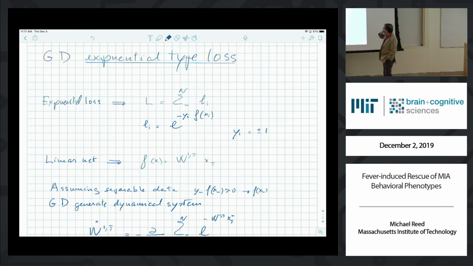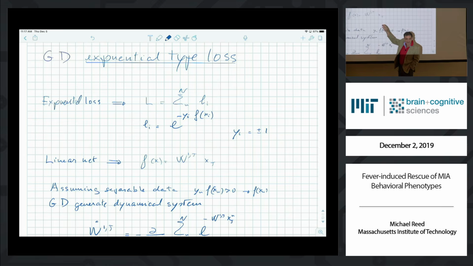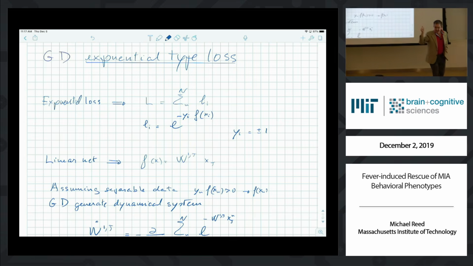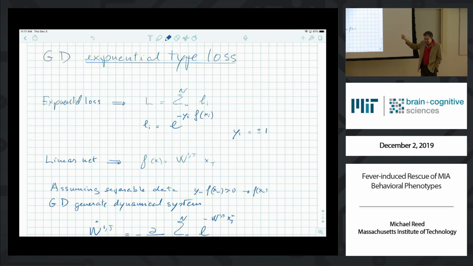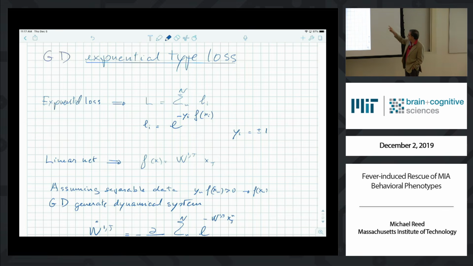In order to have a small loss, I would like y_i and f of x_i to have the same sign, because then the exponent will be negative and this thing will be small. If the signs are different, then with the minus in front you have e to a positive exponent, and this can blow up.